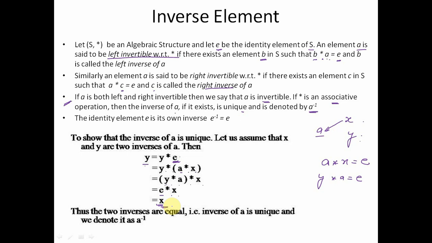For the entire set of natural numbers with multiplication, there is a single identity element, that is 1. But when I talk about inverse element, each and every element will have an inverse element, right? So identity element is for the set, inverse element is for the element.